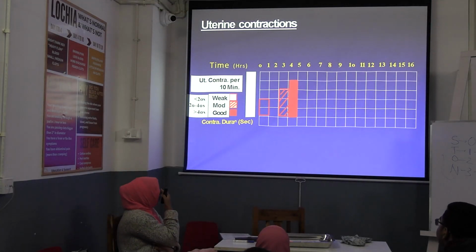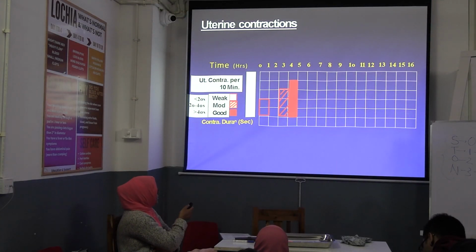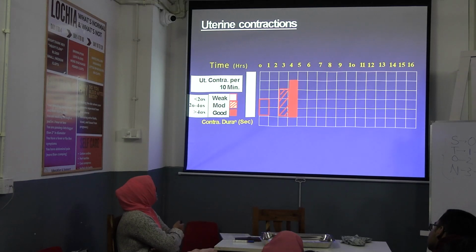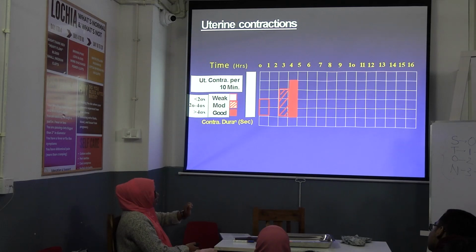And now coming on to the uterine contraction, it is plotted as mild, moderate or severe, or weak contraction, moderate contraction, good contraction. If it is weak, we will write it as plain or dots. Moderate we will just do slanting lines, and good contraction means we will fill it up completely black.